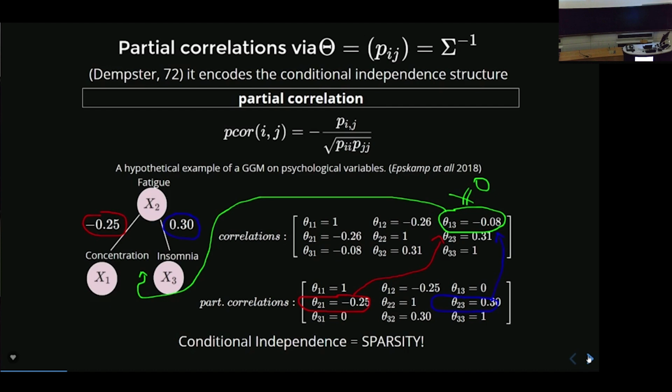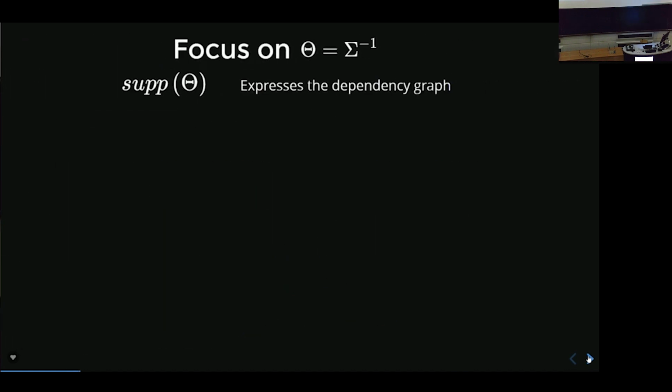Okay. I'll try to make it clearer. I've got other examples, okay? So the idea is that we want to focus on the inverse of the covariance, so let's just say the precision matrix. I hope it's clear what we're talking about now. But actually, we are interested in the support of this matrix.